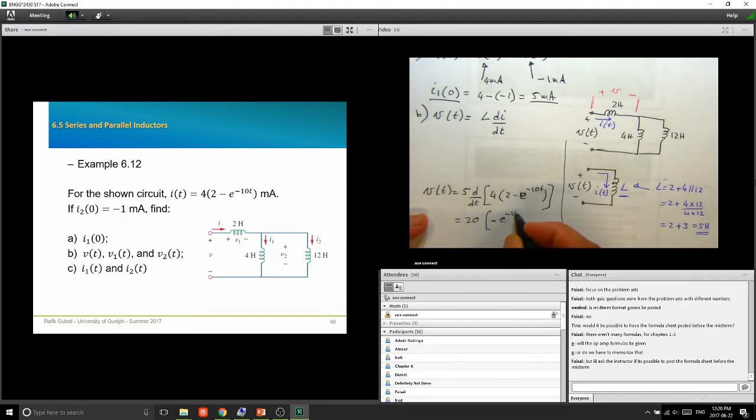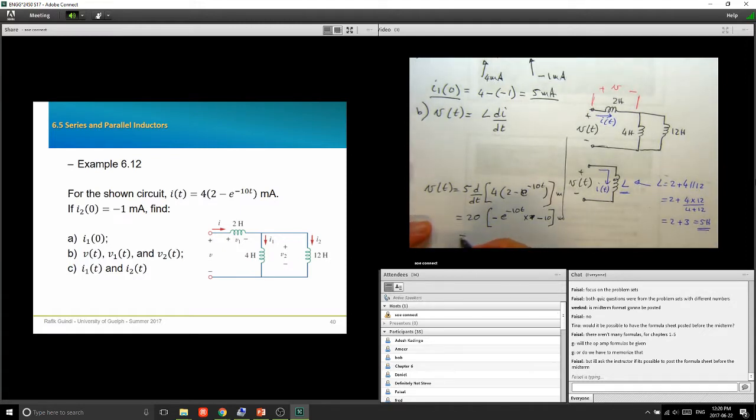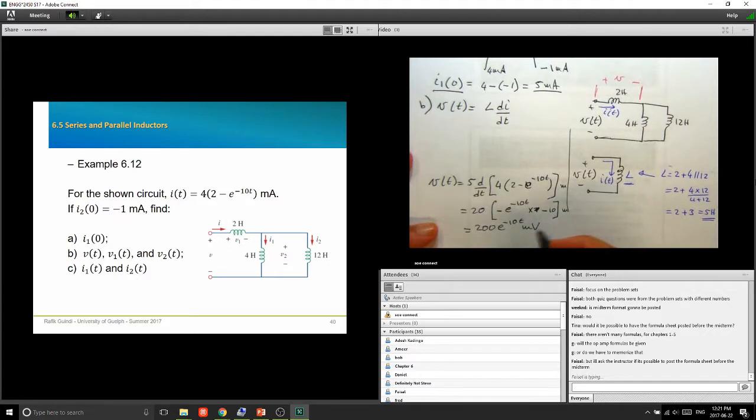That's e to the negative 10t multiplied by negative 10. And all of that is in milli, right? I have a milli here. So the minus sign and the minus sign are going to cancel each other. I have 200 e to the negative 10t millivolts, which is equal to 0.2 e to the minus 10t volts.